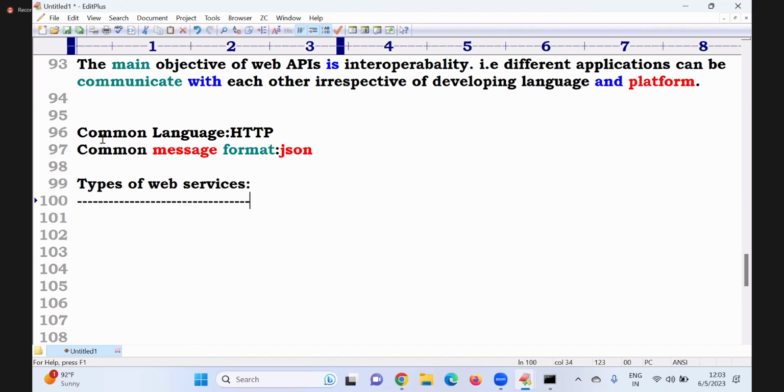I'm asking how many types of web services are there. In interviews, they ask how many types of web services there are. Only 2 are there.